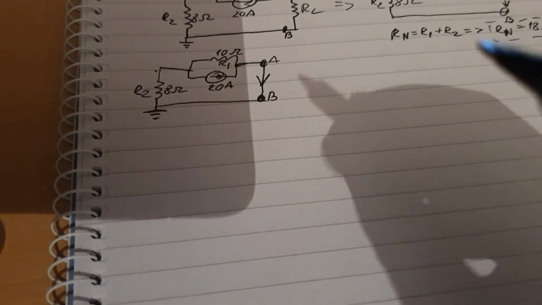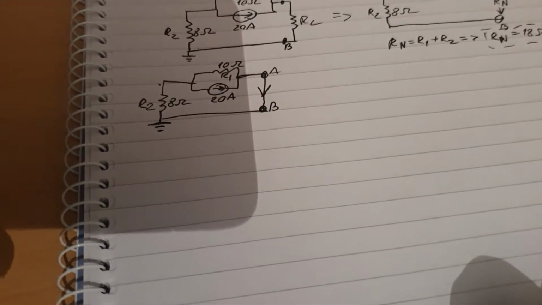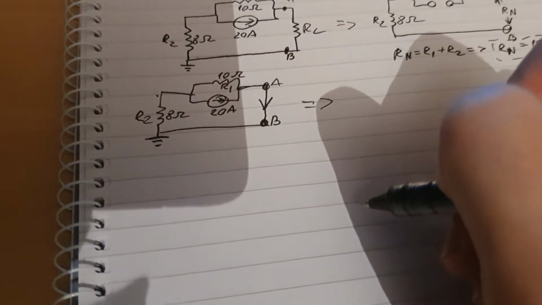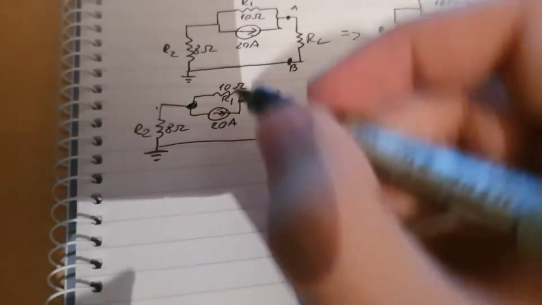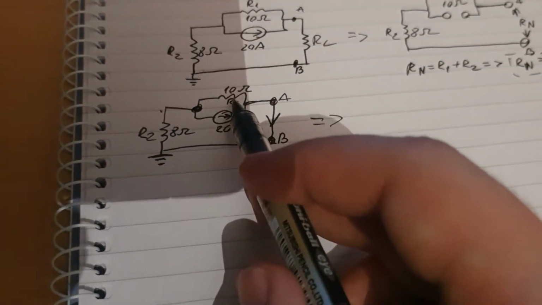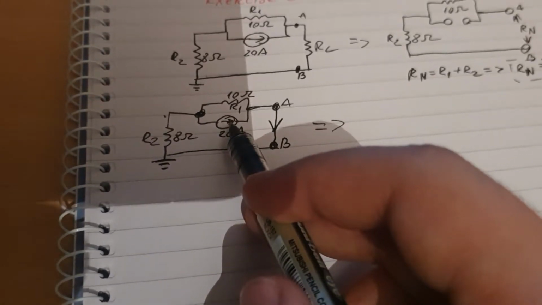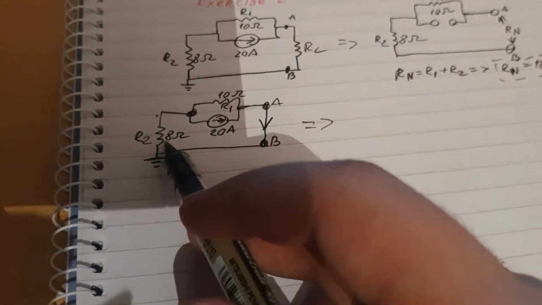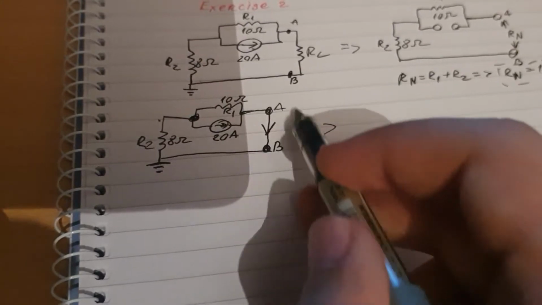We can either leave it like this and work around it, or we can simplify it as well. Because there's a junction here, that means that all three of them are actually in parallel with each other. So the 8 is in parallel with the 20 amps and the 20 amps is in parallel with the 10 ohms. And that means that the current going through the 8 ohms is the exact same current going through AB.